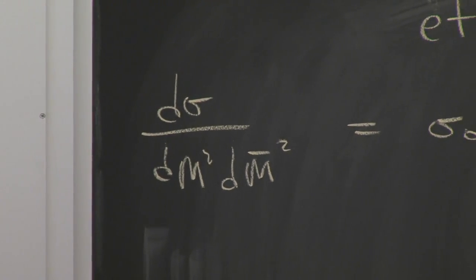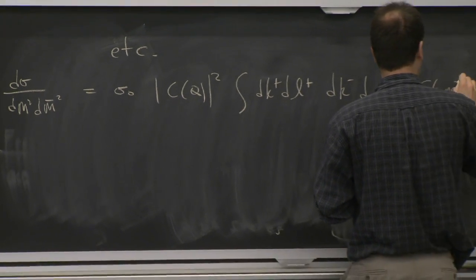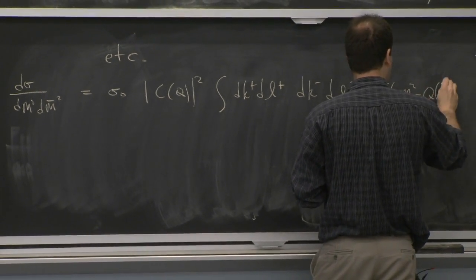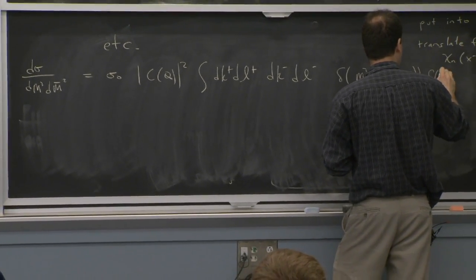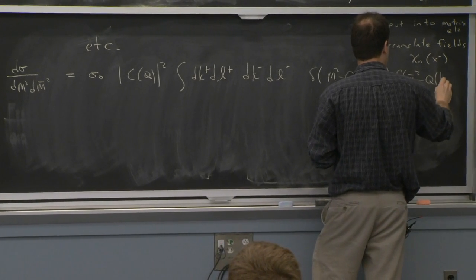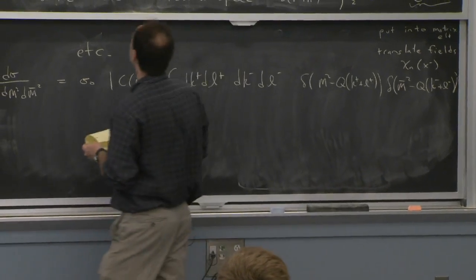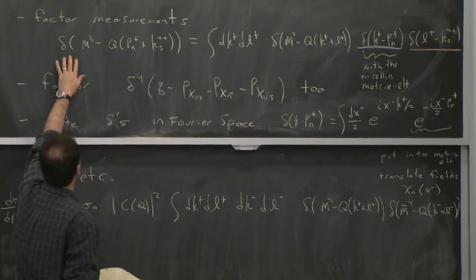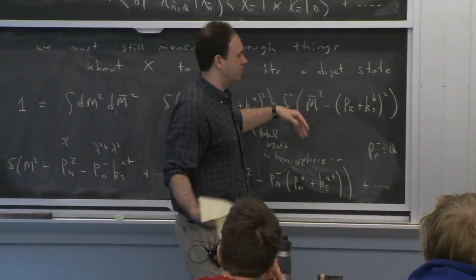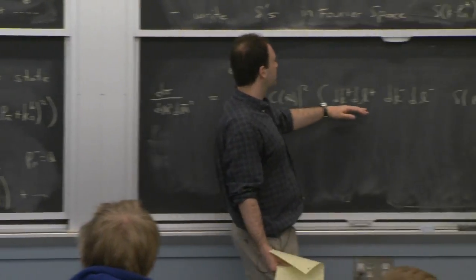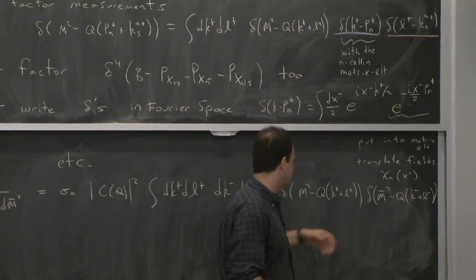So let's write this one out. I was focusing on the n-collinear matrix element, and everything I was writing, I wrote this delta function, but there's of course another one for the delta m bar, and I do the same thing for him. So we got k plus and l plus by factoring the measurement there. You get a k minus and an l minus by factoring the other measurement.